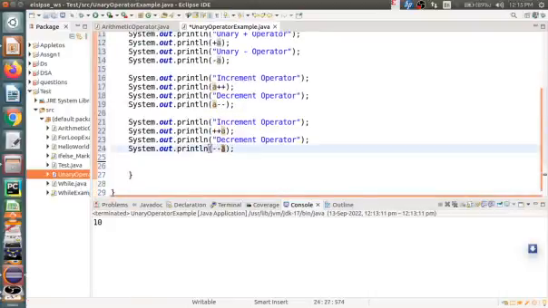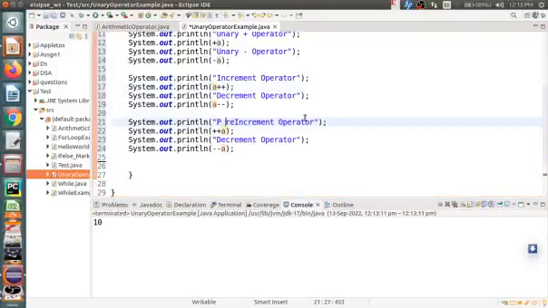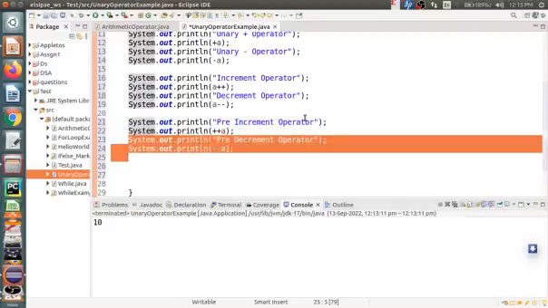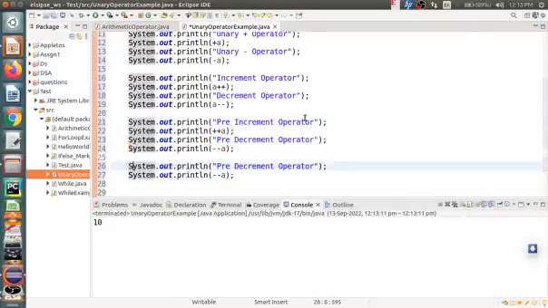This is post, this is pre. Okay, let us see, this is pre-increment, and this is pre-decrement. And another expression you can write is called the logical negation unary operator.